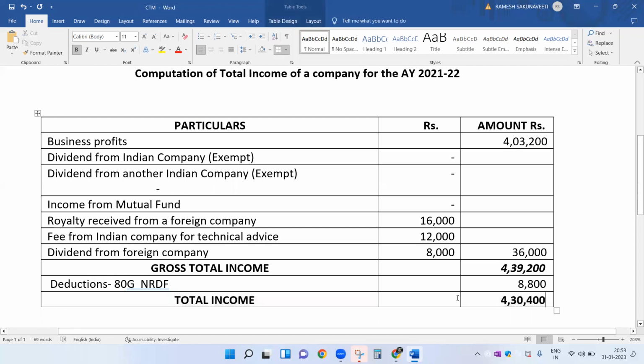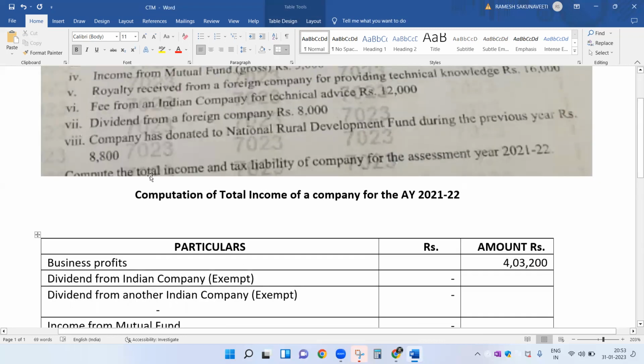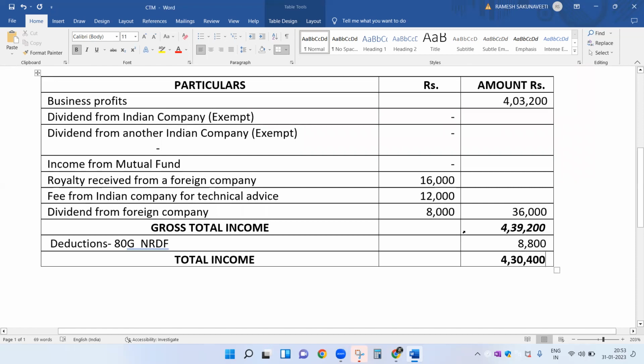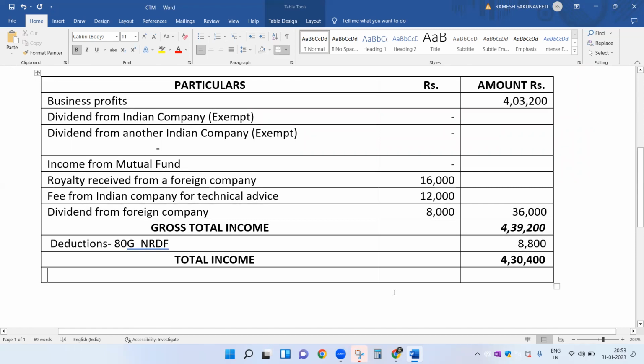See, this is our total income. Now in the problem you are asked to calculate total income and tax liability also. I told you, for companies, a flat 30% rate is there. For individuals, up to 2,50,000 no tax, 2,50,000 to 5 lakhs 5%, 5 to 10 lakhs 20%, like that.